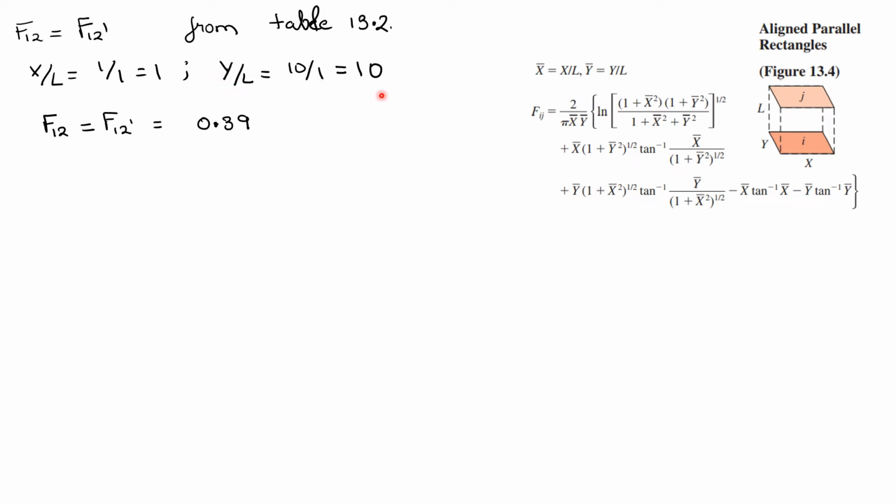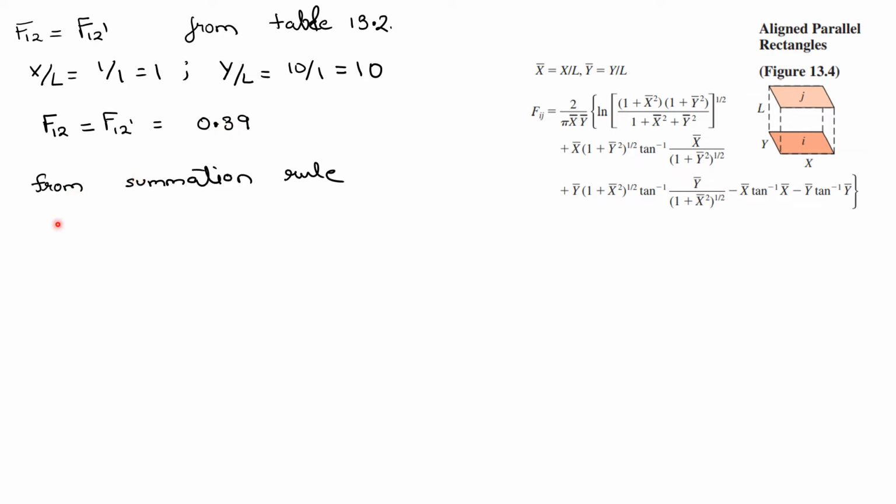So you get your y by L as 10. After plugging in these values of capital X bar and capital Y bar into this equation, and doing a whole lot of math, we get our view factor for 1 2, which is also equal to view factor of 1 2 prime as 0.39.